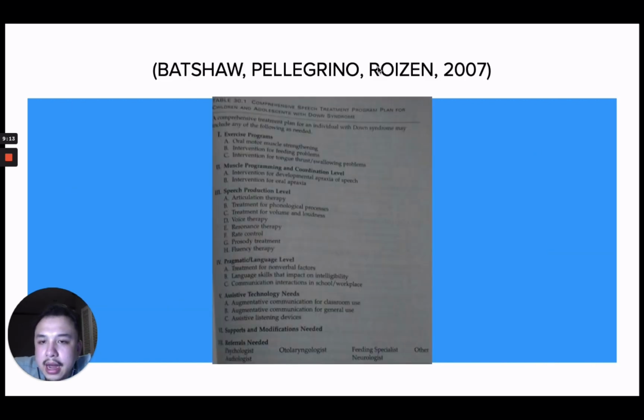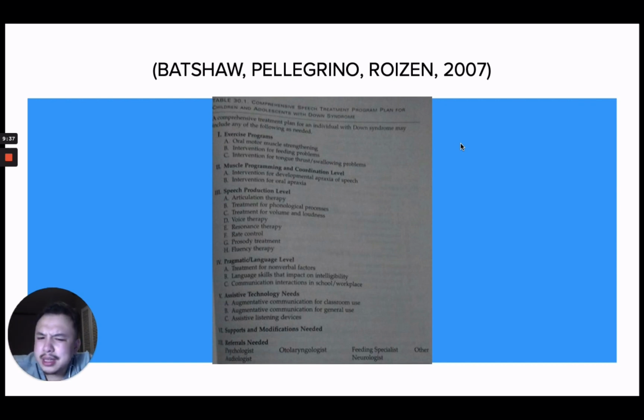Okay. Now these are a set of things that we may do for individuals with Down syndrome.